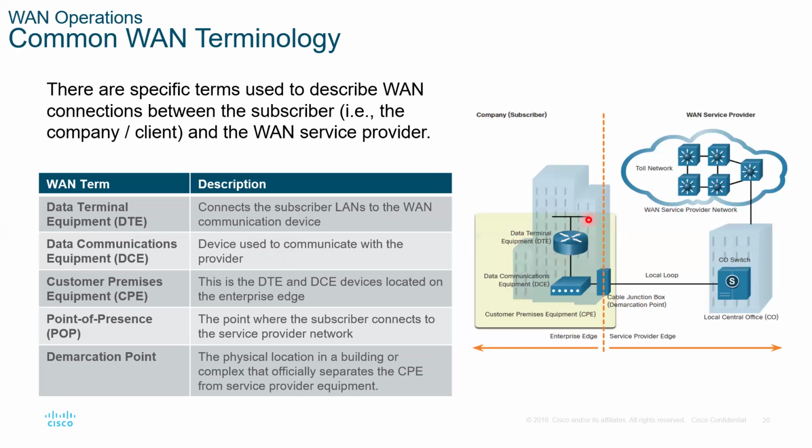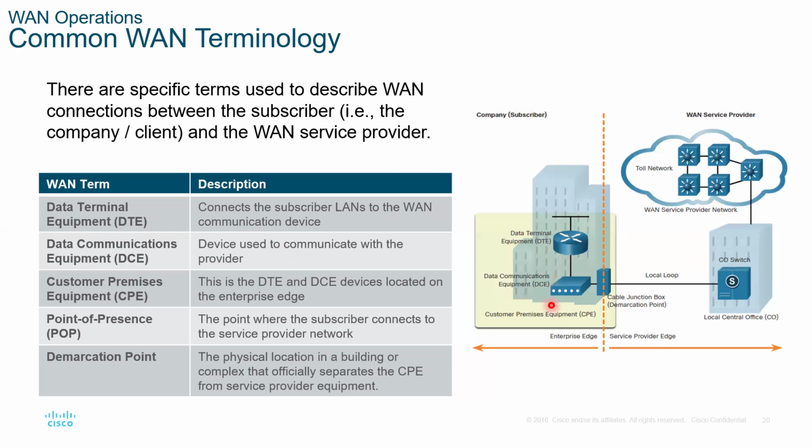From this diagram, I have DTE. It's highlighting a router there. I don't think a router is a DTE anymore. It might be, I'm not so sure. But I can put a router as a DCE, data communication equipment. Then I think it can act as both.